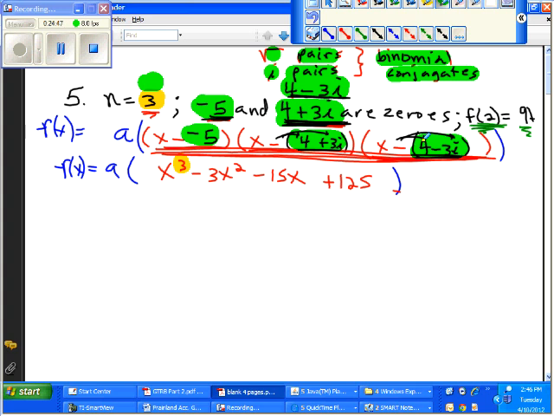Factors are created by x minus roots. What we did at that point is we said, okay, we're going to take those three factors and multiply them out to get the polynomial that has those factors.